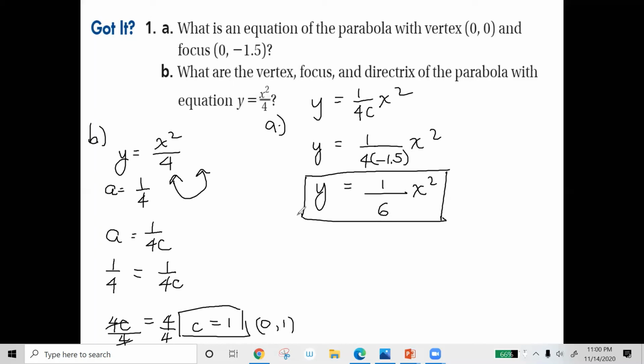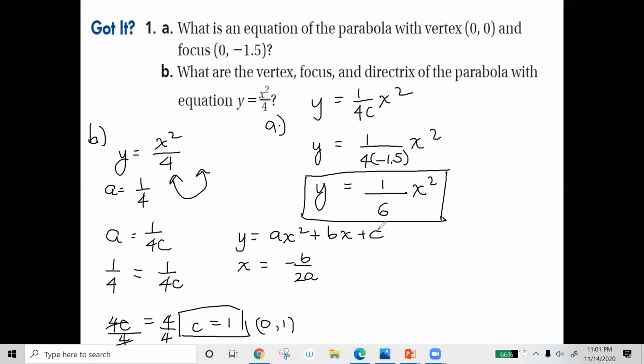How about the vertex? So remember, the vertex is the center. To find the center, or the vertex, we can use the standard form, y equals ax squared plus bx plus c, and we can use x equals negative b over 2a.